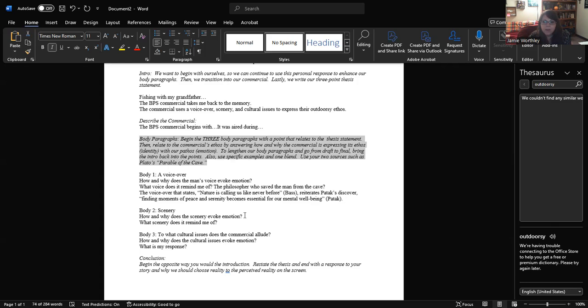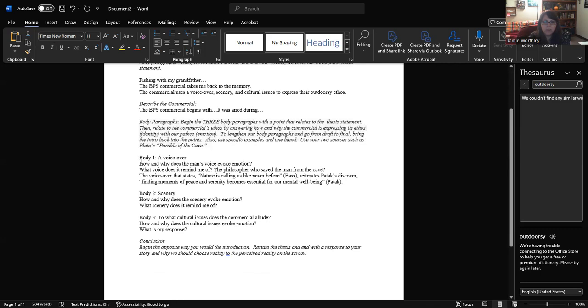Now we want to lengthen our body paragraphs to go from our original draft to a final draft. We want to bring the intro back into the points, use specific examples, a blend, and use your 2 sources, such as Plato's Parable of the Cave. These are some of the things that we want to be doing in all 3 body paragraphs. So here's an example.